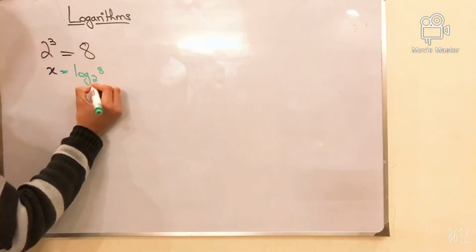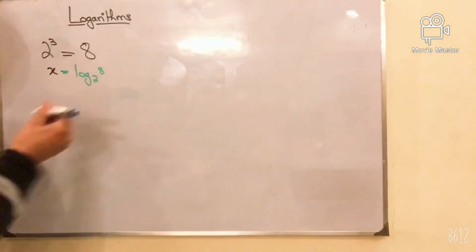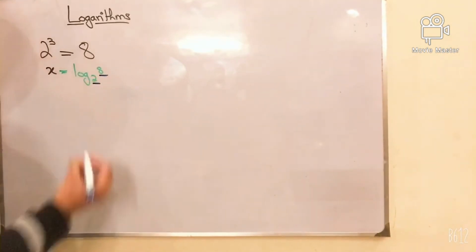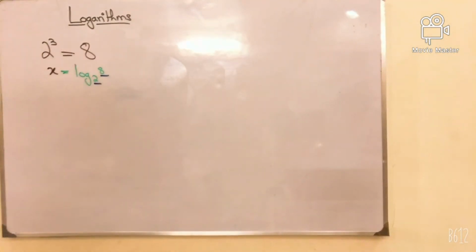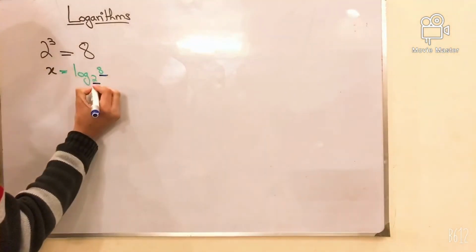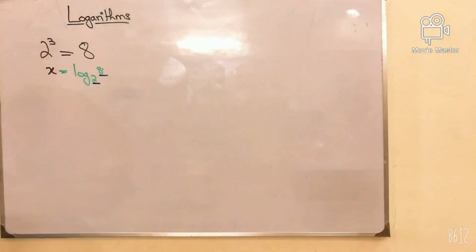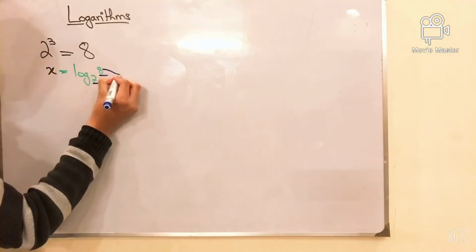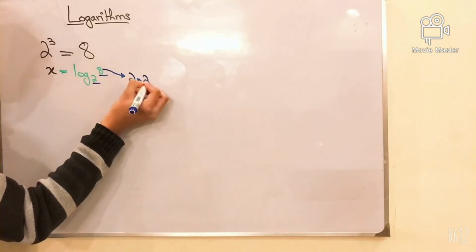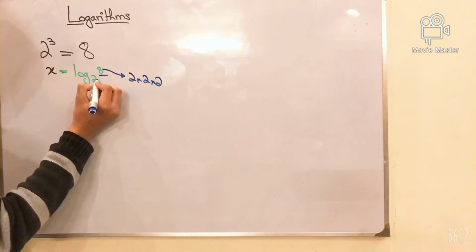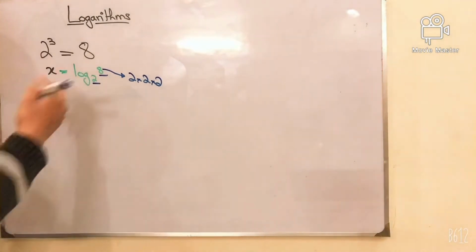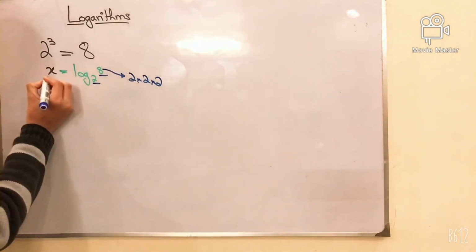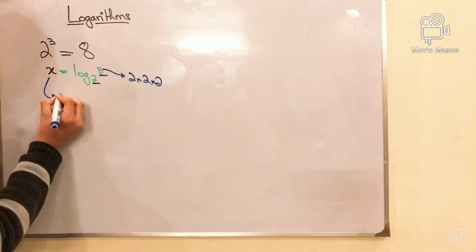Okay, so you will look at the base and the final outcome, and you should see how many times the base should be multiplied with itself so that I can get the final outcome. In this case, we know that 8 is 2 times 2 times 2. So 2 has to be multiplied 3 times to itself so that we can get 8. So x will be equal to 3.